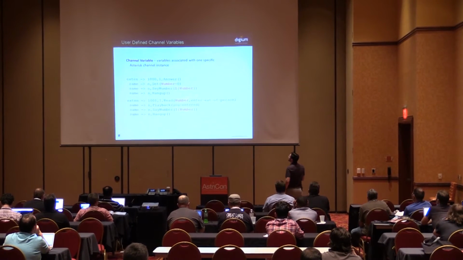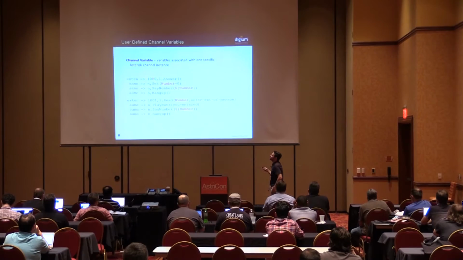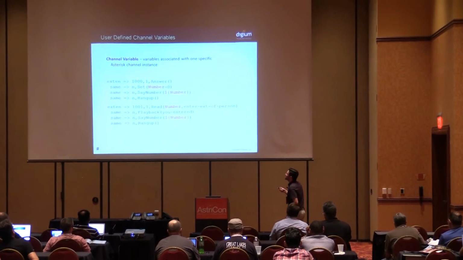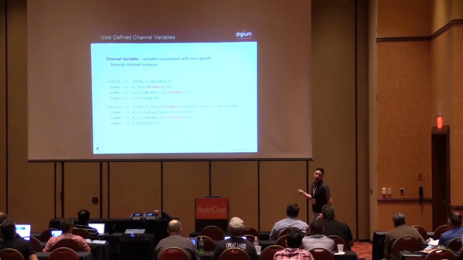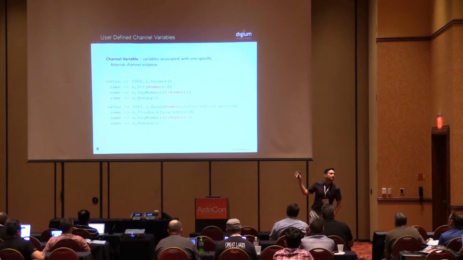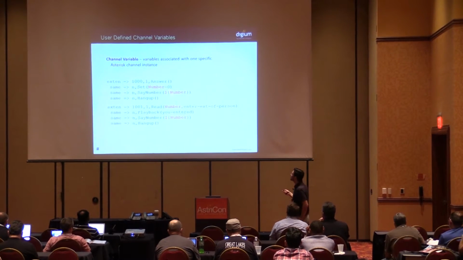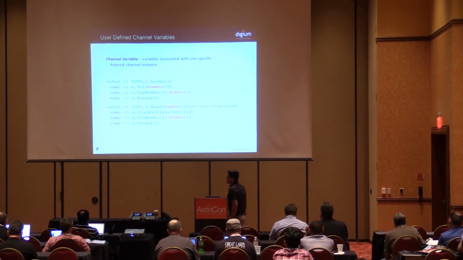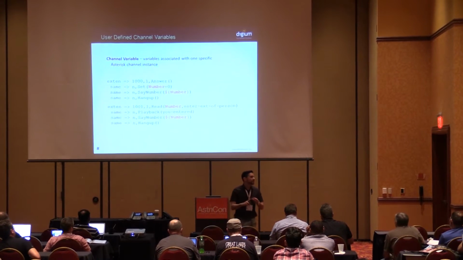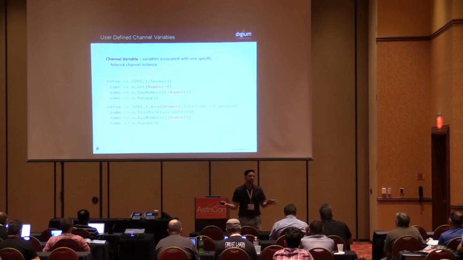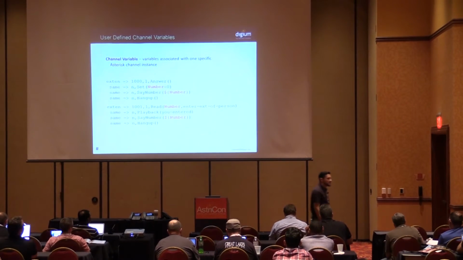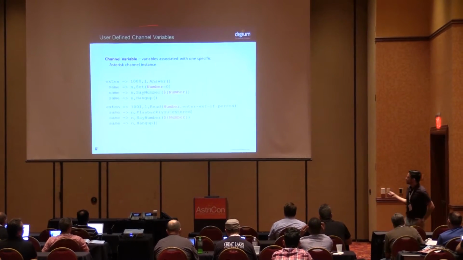In this example, we have extension 1000, and we are using the application Set to create a channel variable named number. This is just the name. And the value is 0. Notice that we don't have to say if it is an integer or a string. It's actually just a string, right? And it's 0.